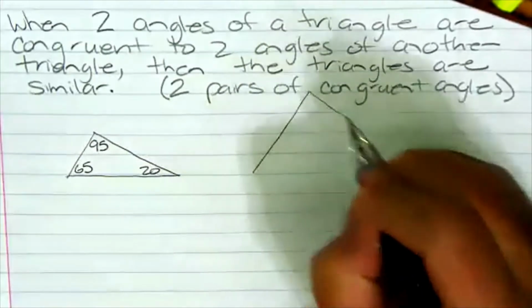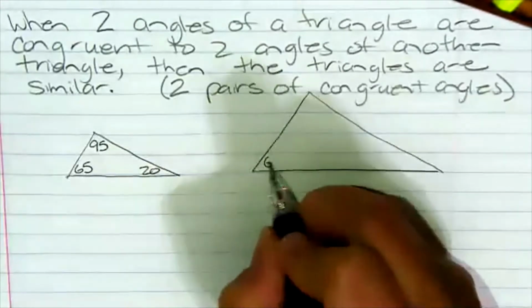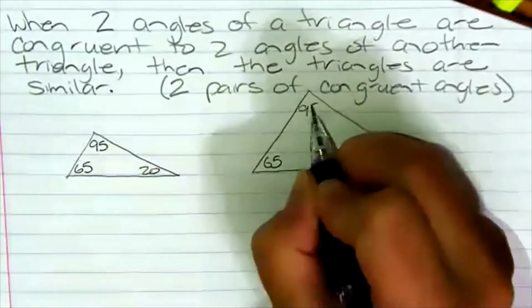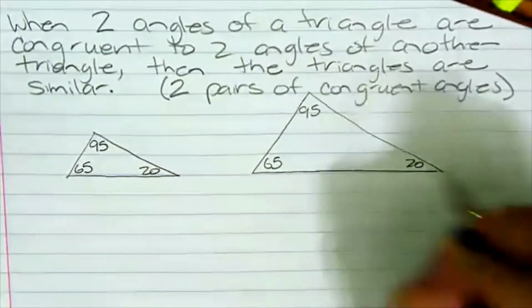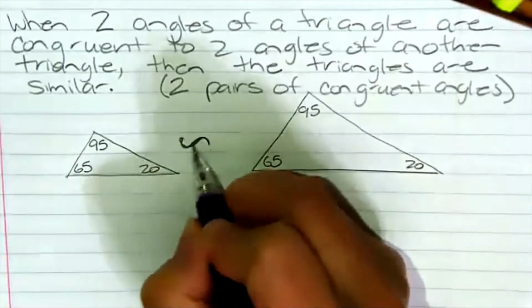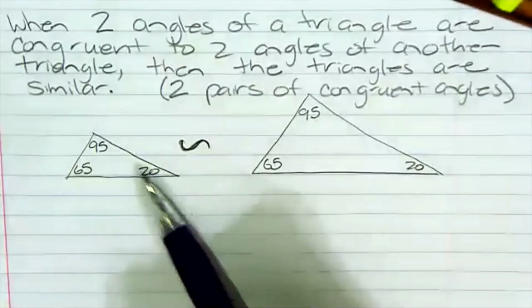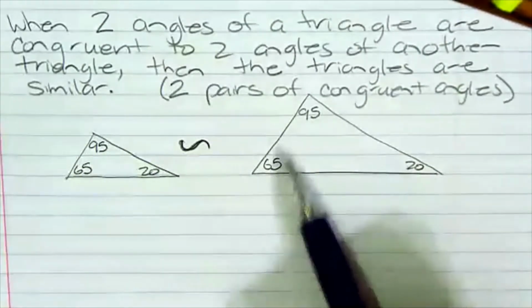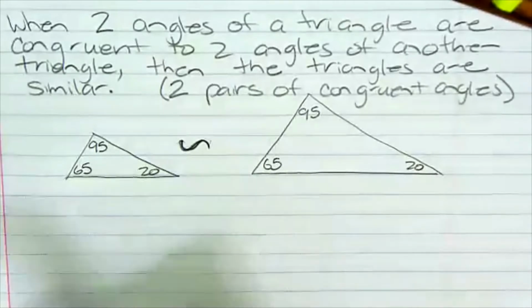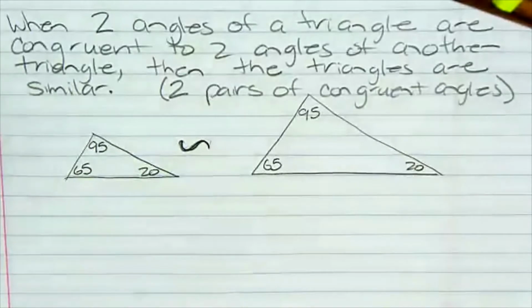We have another triangle with measures 65, 95, and 20. These triangles are similar because our interior angles are congruent. They are the same shape, but different sizes.